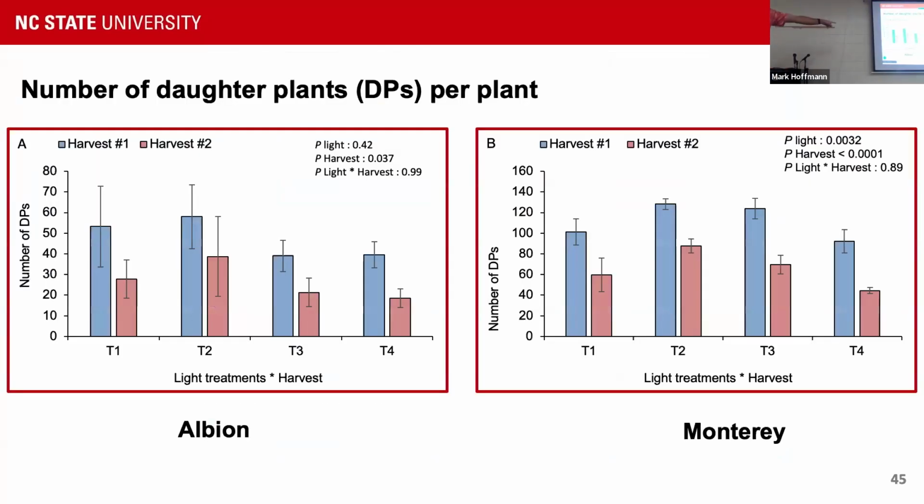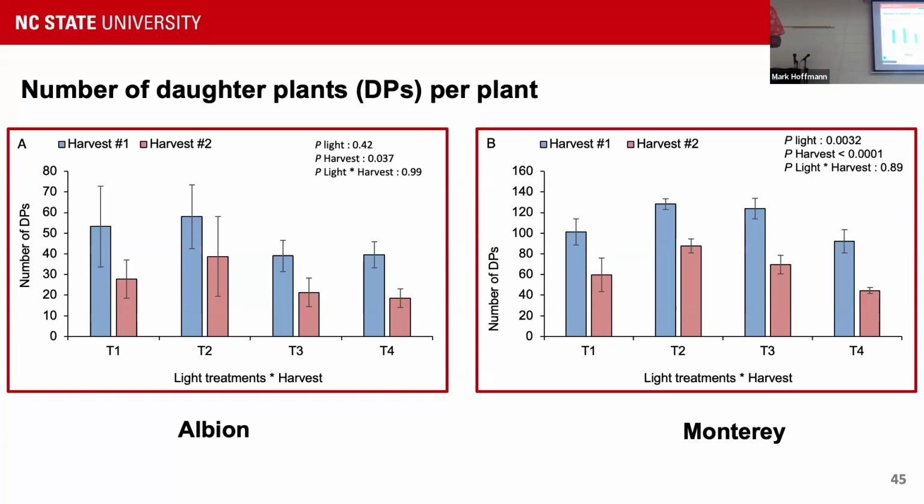We saw that the number of daughter plants dropped. So for all these light treatments, which I don't want to go over, they were basically 100% top and all of those in the first round, and the dynamic lighting, but regardless of the light treatment, for all of them, the number of daughter plants dropped.